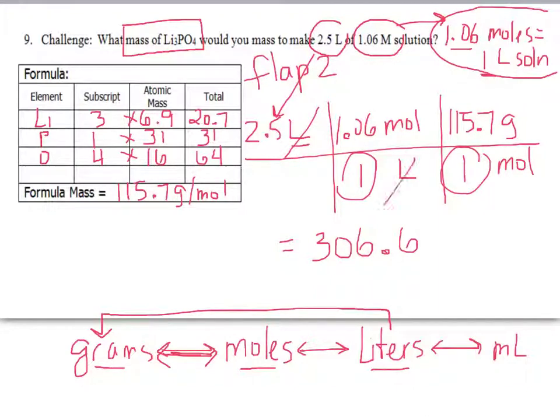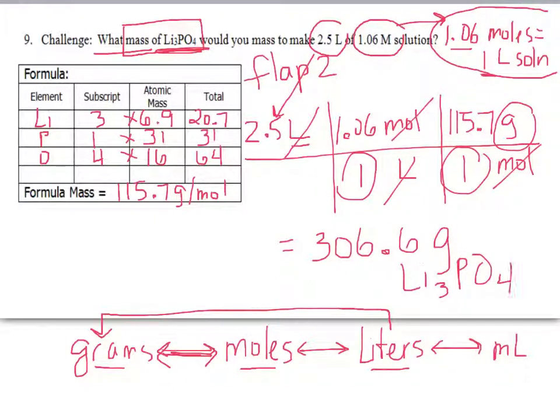Our liters cancel, our moles cancel. We're left with grams. Remember how the question asked us for what mass? So that makes sense because our units are grams. We should go ahead and put the substance in as Li3PO4. Now with those examples, you should be able to do the rest of your worksheet on your own.